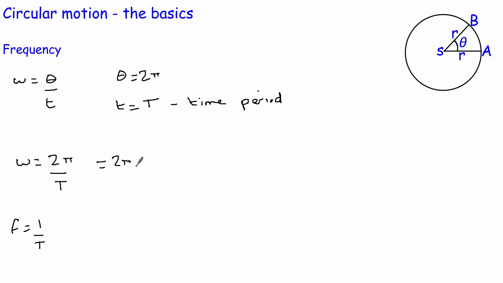So 2 pi times 1 over T. 1 over T is the frequency, so we end up with omega equals 2 pi f. So we just tidy that up a bit. Omega equals 2 pi f. Omega is measured in radians per second. 2 is just a number, pi is just a number, frequency is measured in hertz. So provided we know one of those, we can work out the other one.